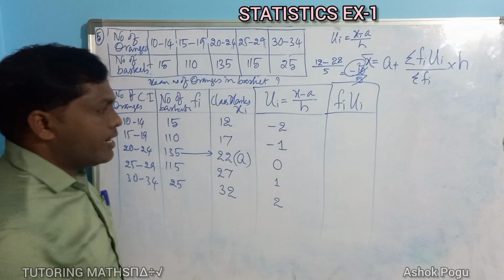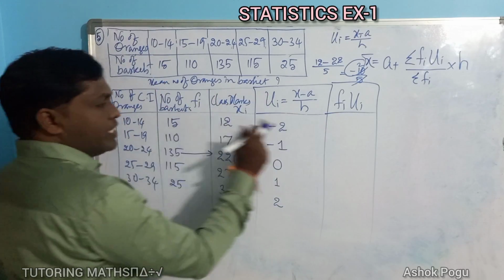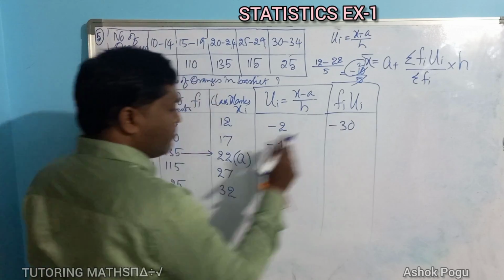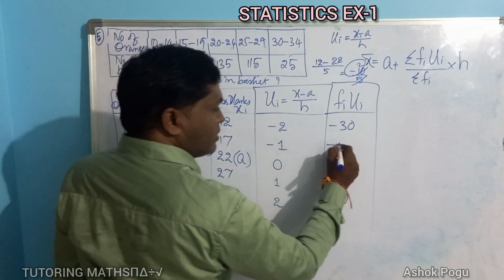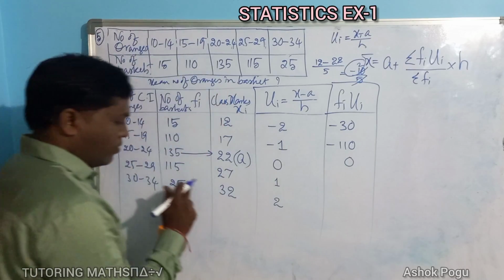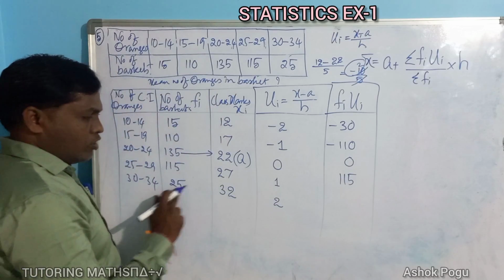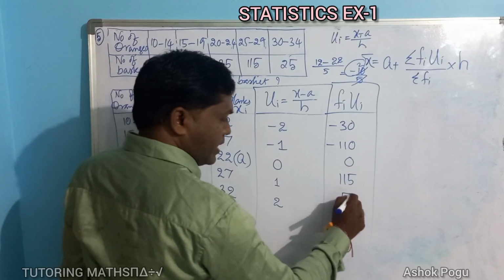Okay, right. And next, find the products Fi Ui. 15 twos are -30. 110 into minus 1 is -110. 135 zeros are 0. 115 ones are plus 115. 25 twos are 50.